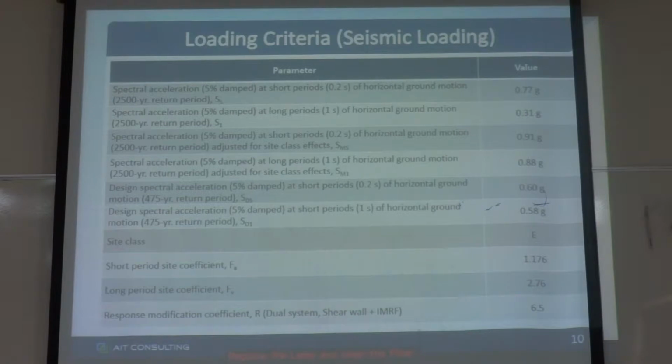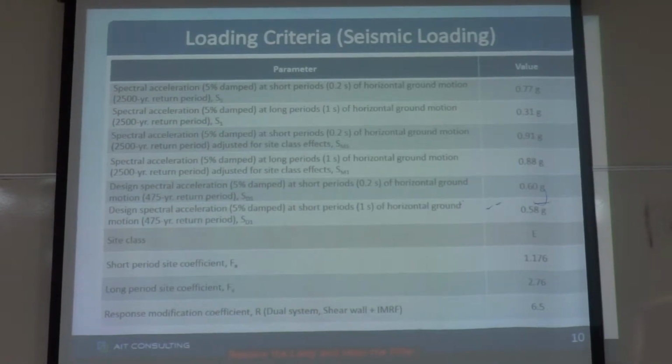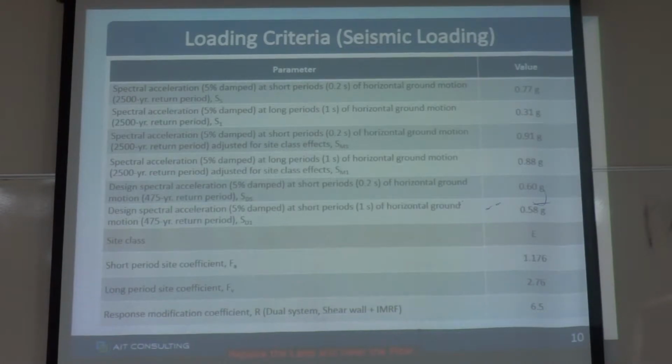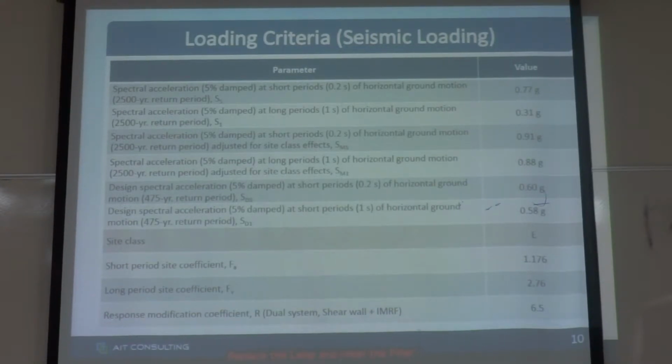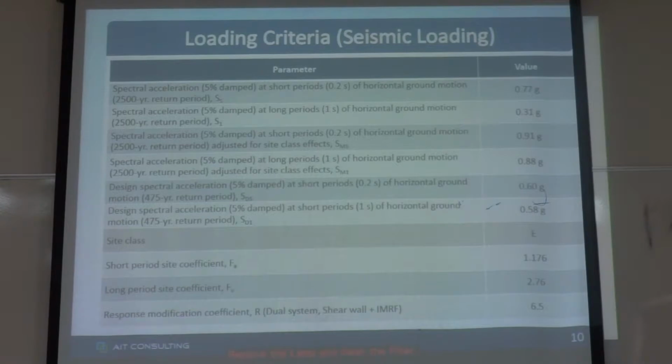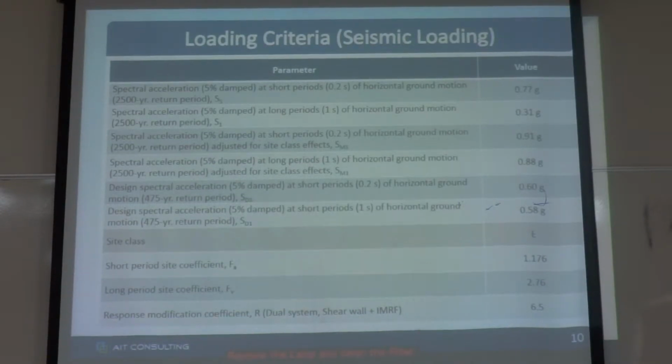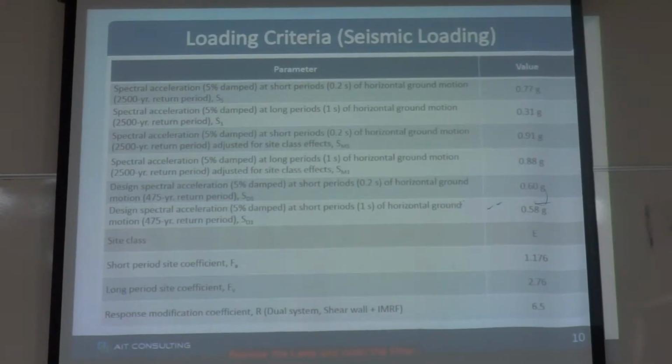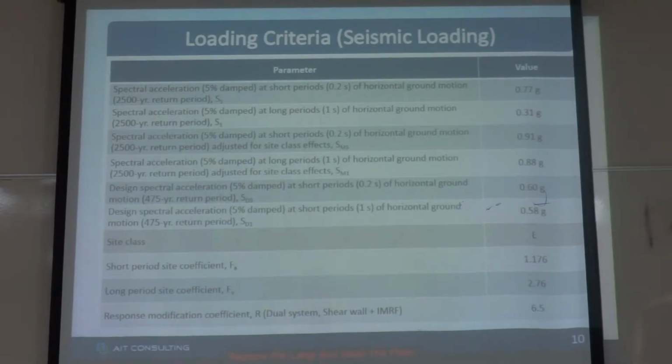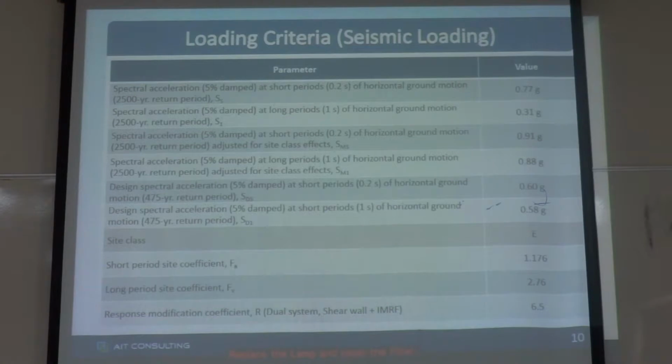First, you have to select the seismic design parameter for the 2,500-year return period earthquake, which is called the maximum considered earthquake. In ASCE 7 we have to check for two natural periods. One is for the short period, 0.2 second, and another one is for the long period, 1 second.